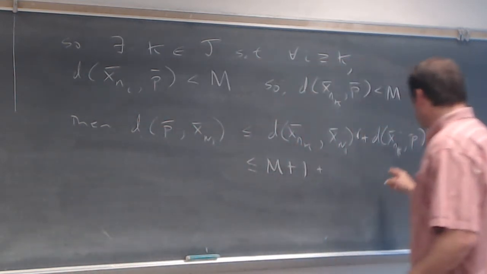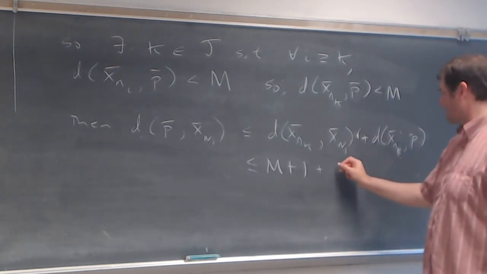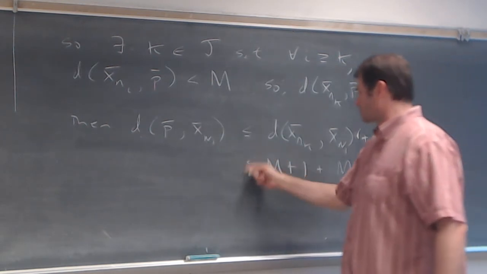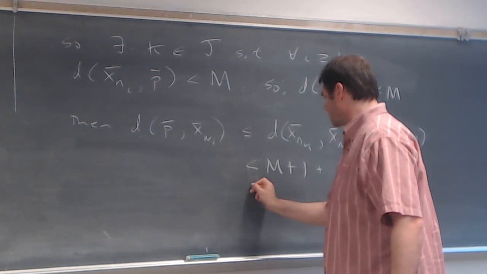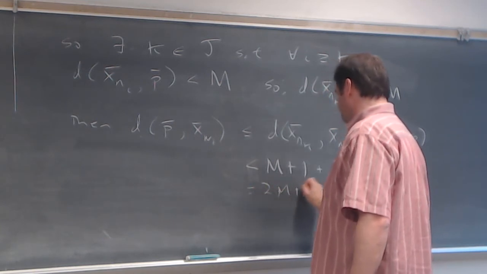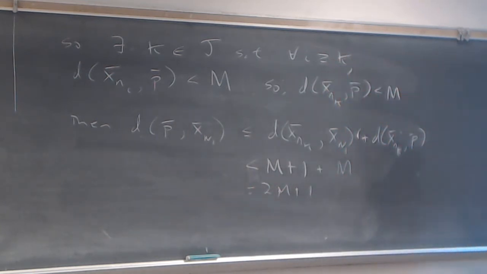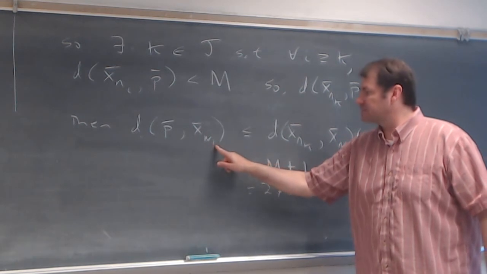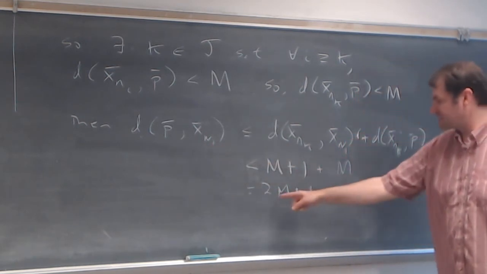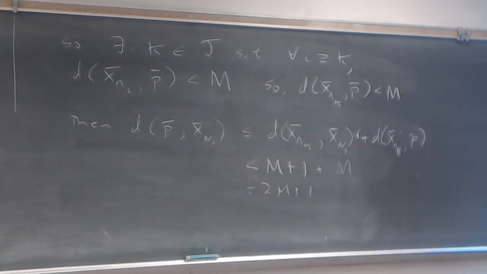Plus, here, this is going to be less than m, so we have m. This is strictly less than, which is equal to 2m plus 1. So, all the terms in the closure, their distance from x sub n sub 1 will be less than 2m plus 1.